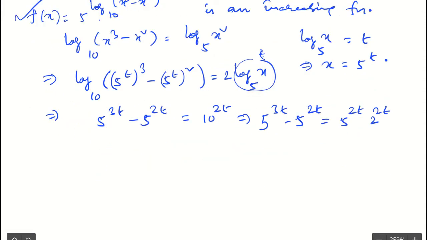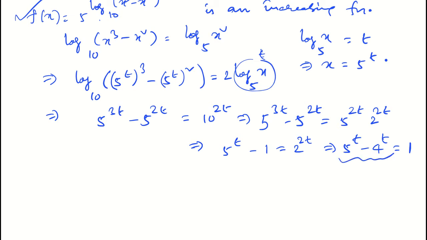Now cancelling 5 power 2t throughout, I'll have 5 power t minus 1 is equal to 2 power 2t, or 5 power t minus 4 power t is equal to 1. Now you can say that 5 power t minus 4 power t is an increasing function, and I get that when t is 1, obviously it satisfies the equation. Therefore, I observe that t is nothing but 1.